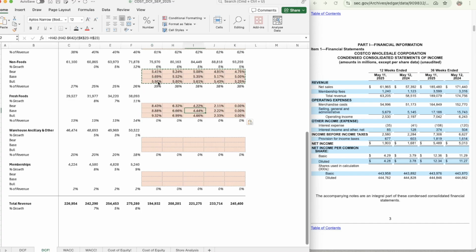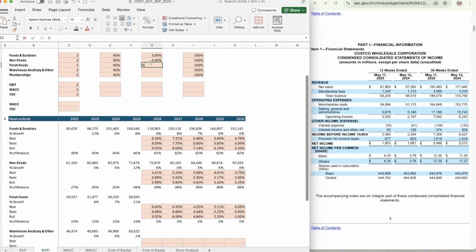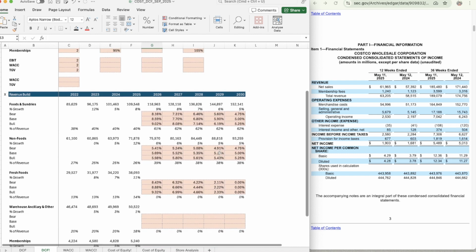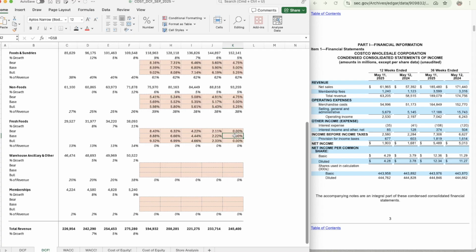And let's put this as 6%. That's 12, isn't it? Yeah. Equals G12. And it needs to be E12. Yeah, all good.